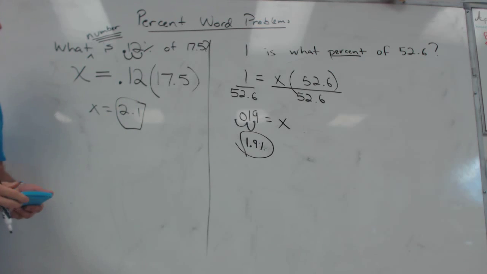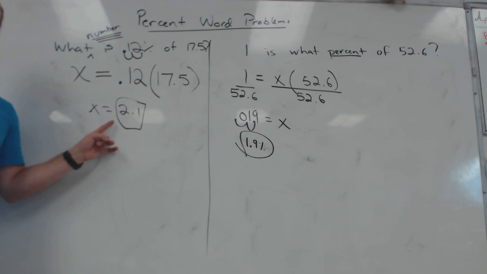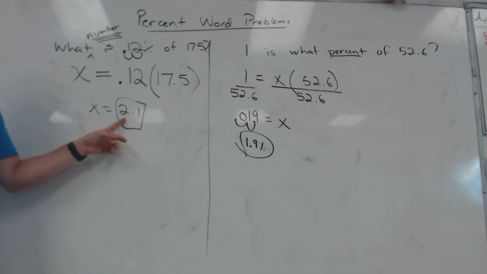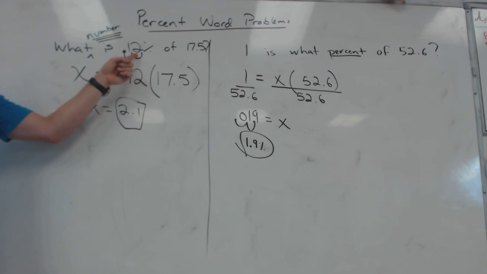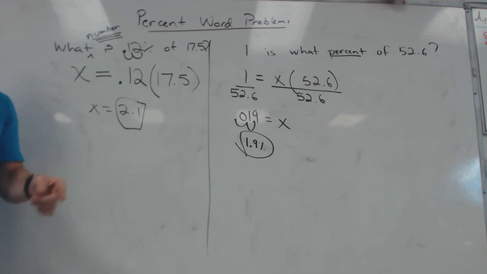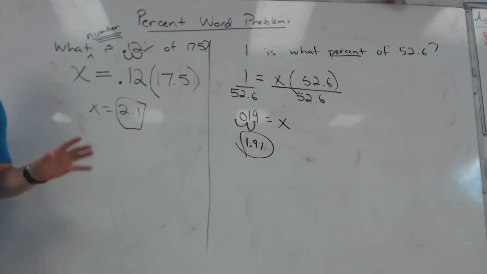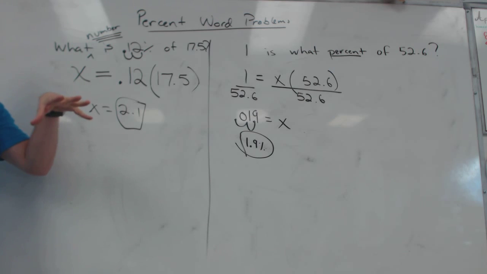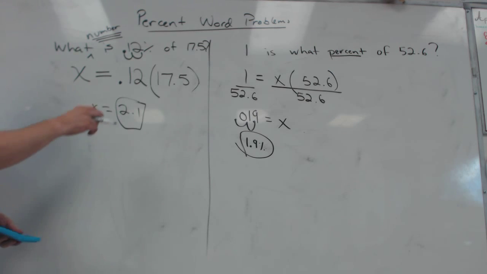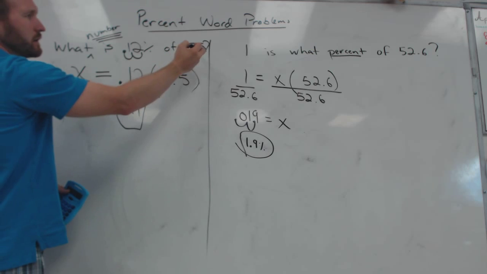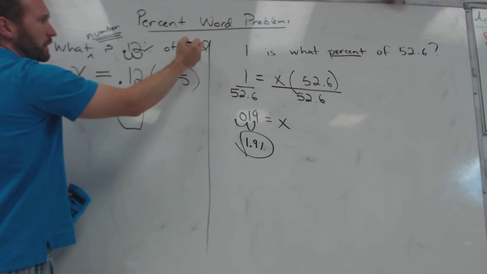Okay. Does this make sense? We didn't do this on the last one, but I want to pause and make sure we do it here. You should do this for every problem. Could 2.1 really be 12% of 17.5? Here's another guideline. We know 50% is half. 10% is if we move the decimal over once.